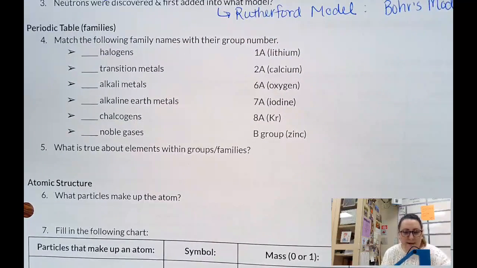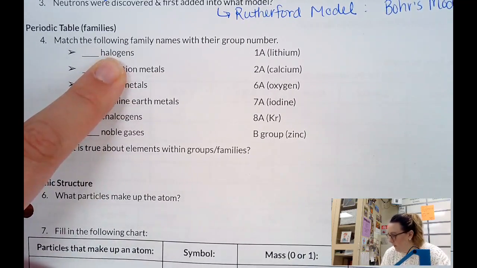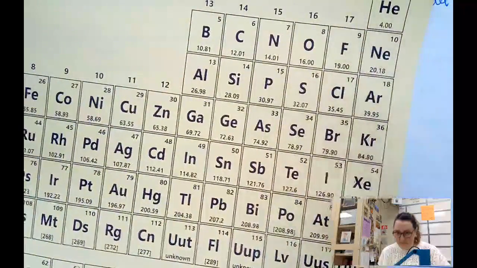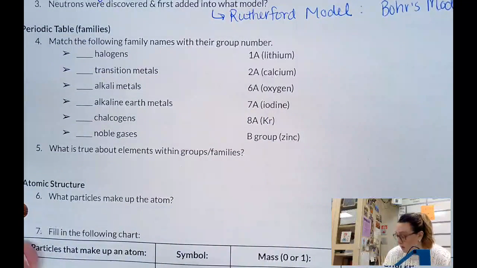All right, we are matching these with their family names. Got my periodic table out. Okay, so halogens, I'm going to look for something in that column. That'd be iodine.